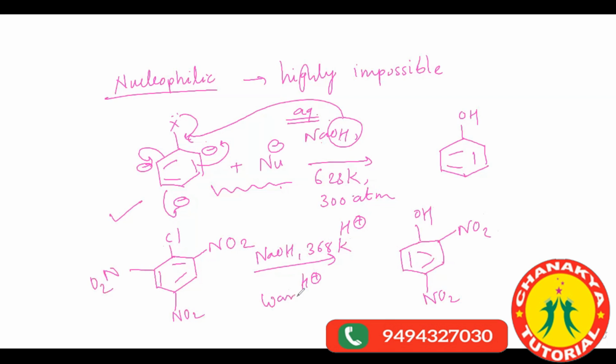You just have to warm it up, and you will get the product easily. So the more electron withdrawing groups there are, the less temperature and pressure required, and it favors nucleophilic substitution on the halobenzene. Clear? Fine. Shall I erase it? Now see the next one.